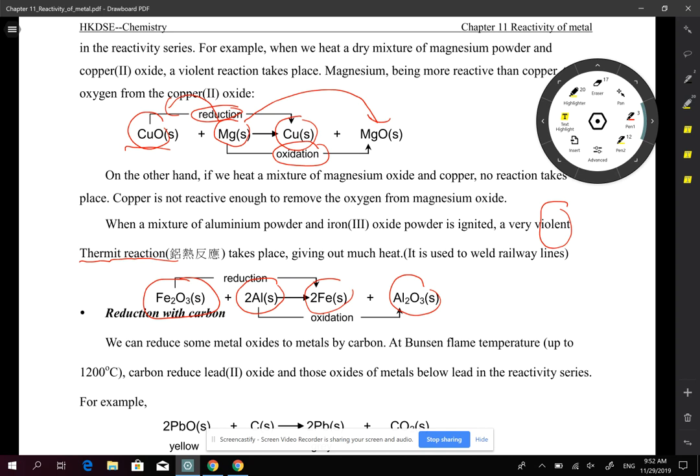If you have two pieces of iron and you want to join them firmly, you can use this reaction to do it.